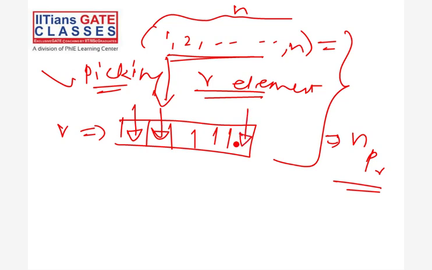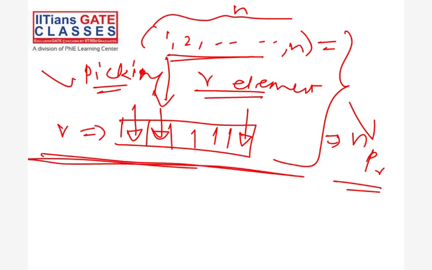To fill the last position we have n minus r plus 1 choices. So this nPr is the number of arrangements possible with r elements out of n elements.